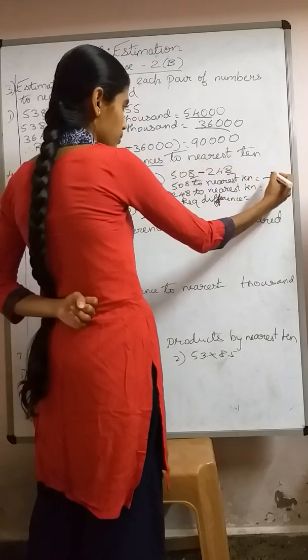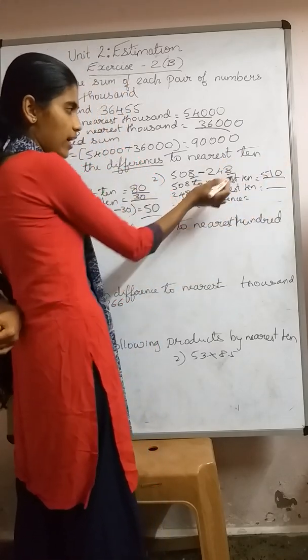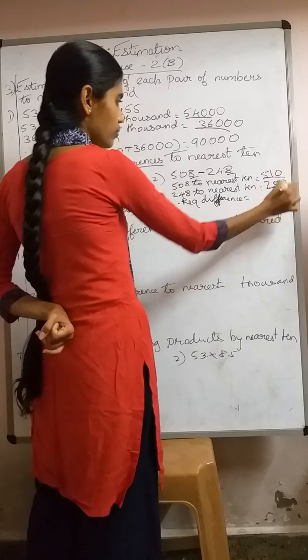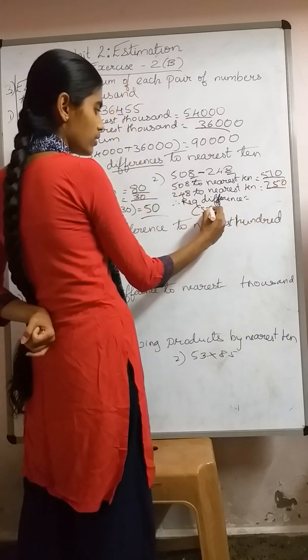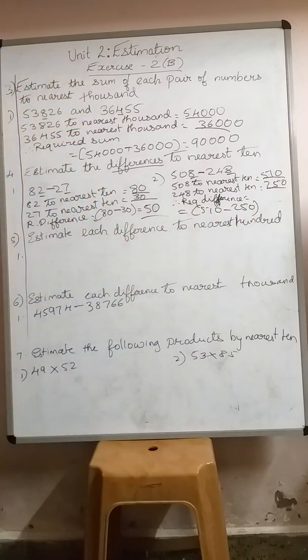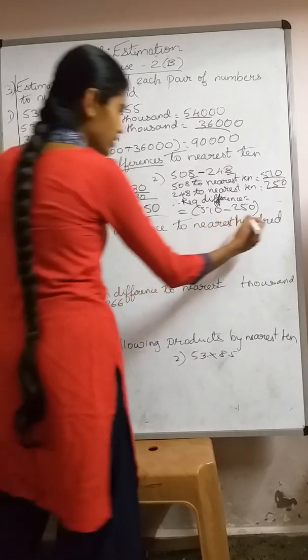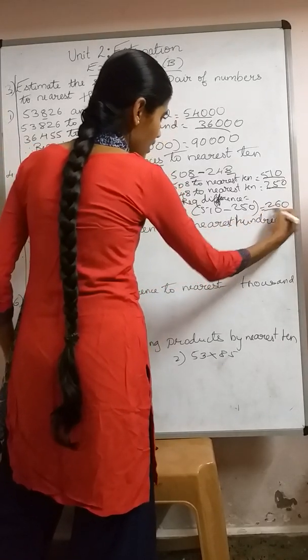Add 1 here and how much will you get? 510. 8 is more than 5. Add 1 this side, 250. So required difference, what will you do? 510 minus 250. So let us solve. I think you solved and you got 260 as the answer.